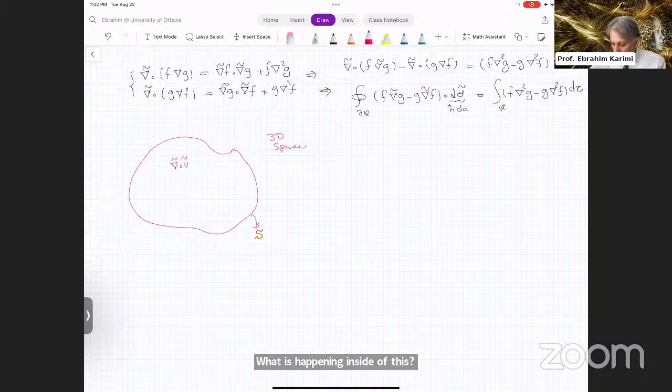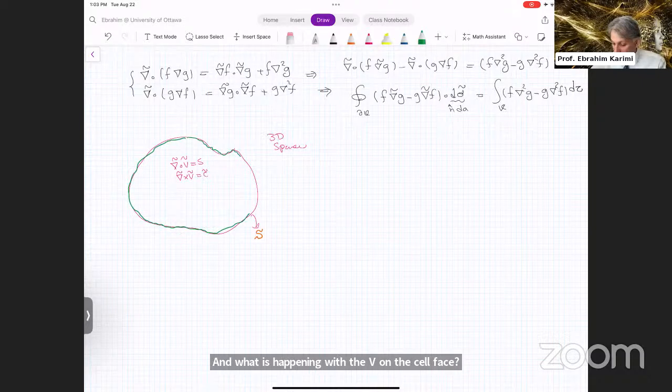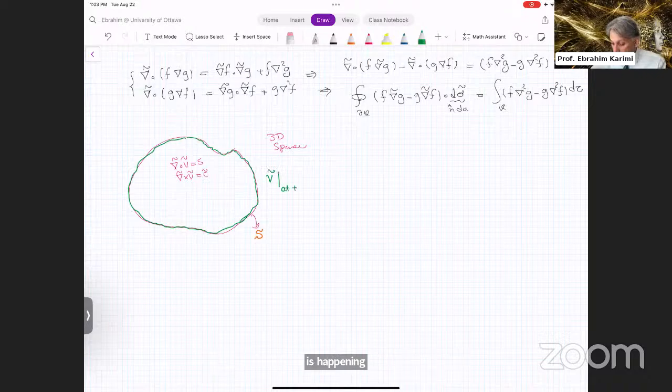Divergence of V is S. Curl of V is equal to C. And what is happening with V at the surface? V dot N is given.